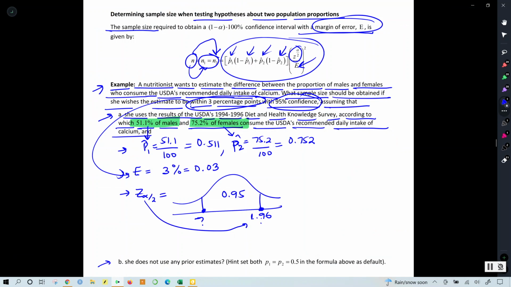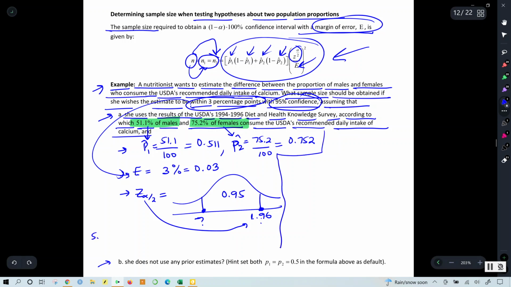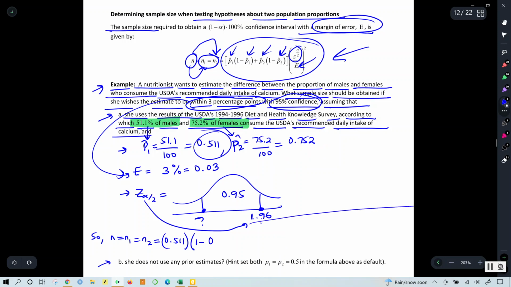With that said, you have every ingredient you need in this formula. So it's time for plugging in. N1 or N2 equals 0.511 multiplied by 1 minus 0.511, plus 0.752 times 1 minus 0.752, multiplied by Z of alpha over 2, which is 1.96, divided by the error.